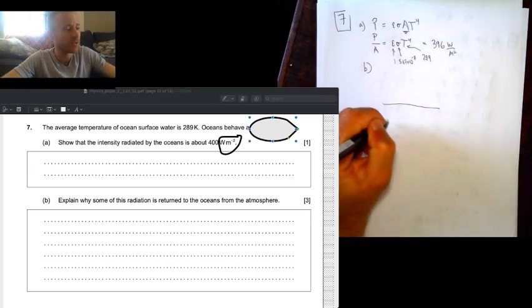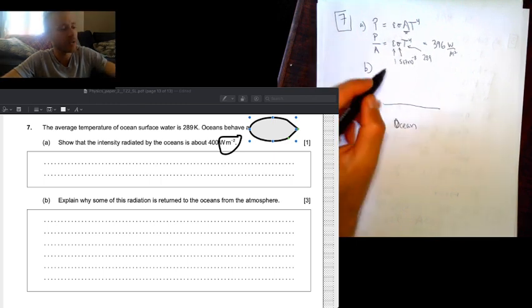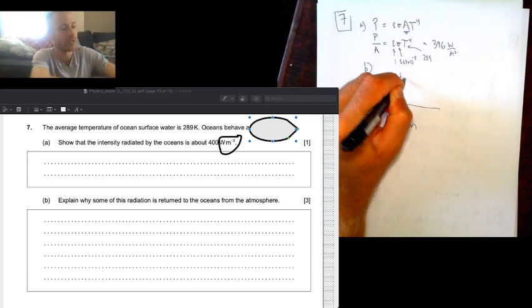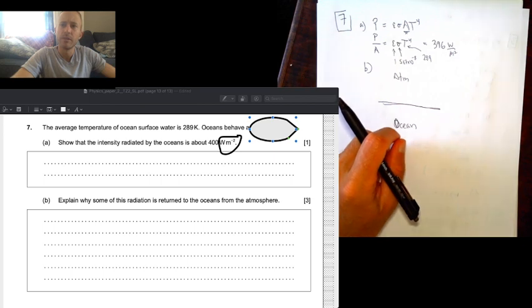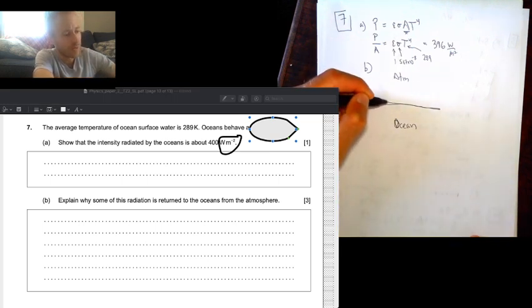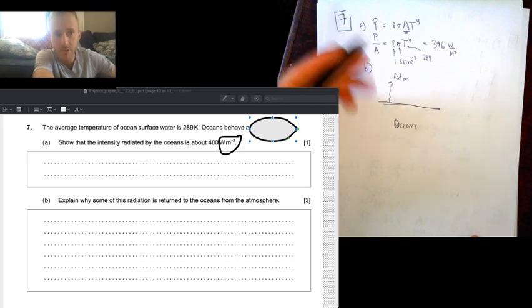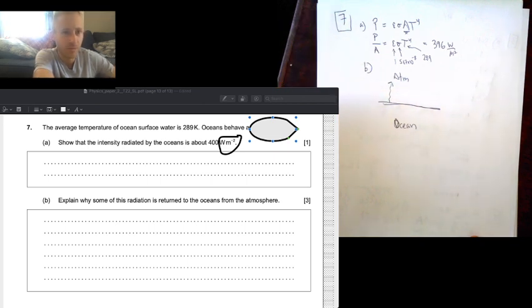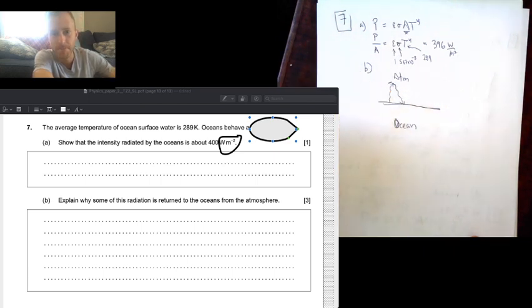So if we think about this as the ocean, and we think about this as the atmosphere, and here's the surface of the water, some of the light or some of the radiation that comes out of the atmosphere is actually going to get reflected. It might get reflected off a cloud. It might get reflected off of particles. And it's going to get reflected back down to the surface. Okay?